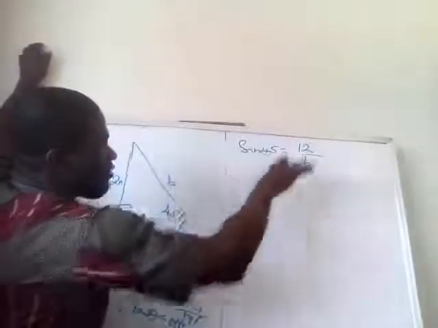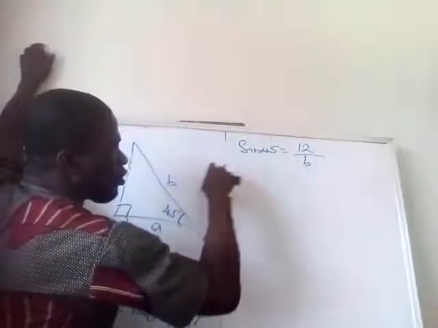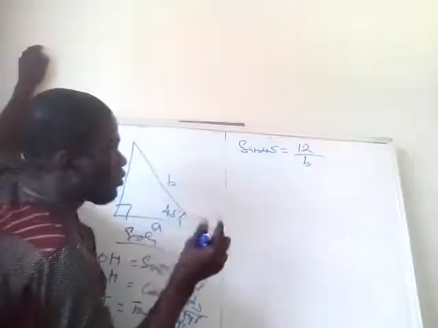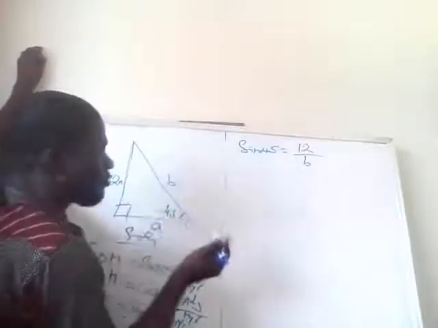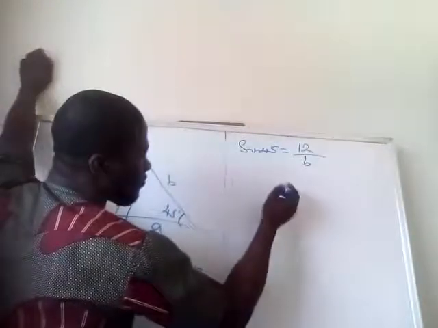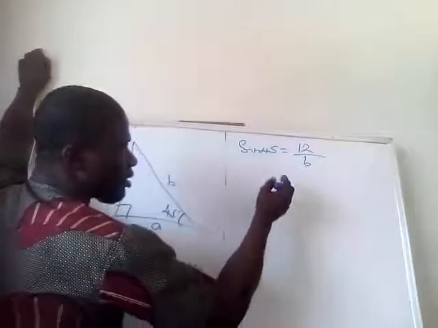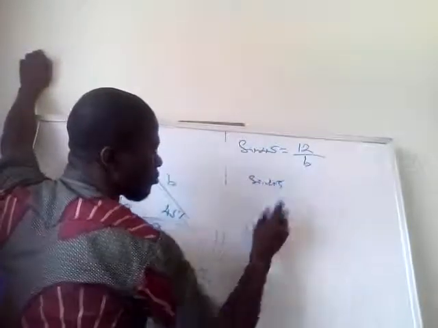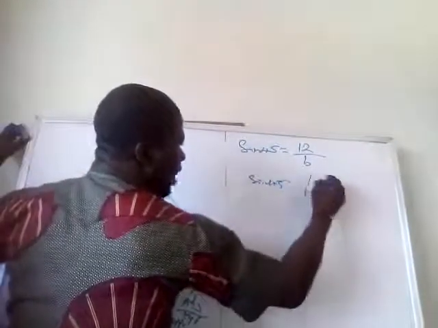So wherever you see 45, you now remove it and put the value from what we were given then. Our sine 45 is from the triangle we had then.